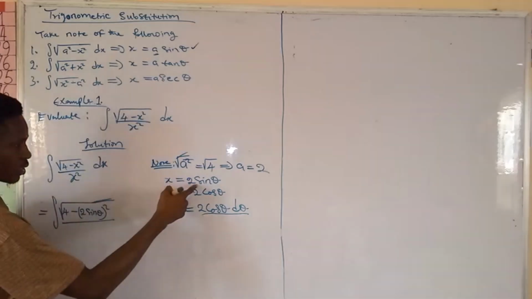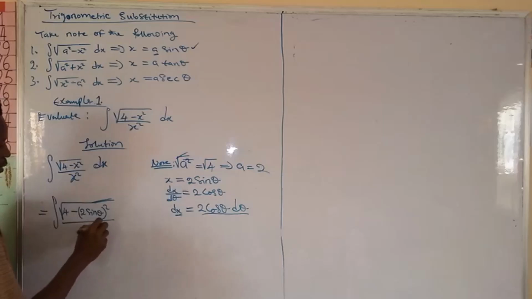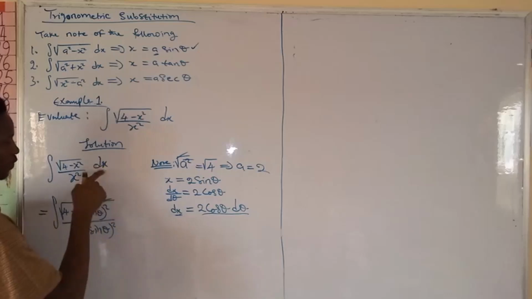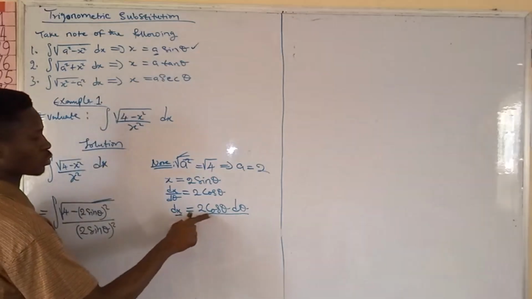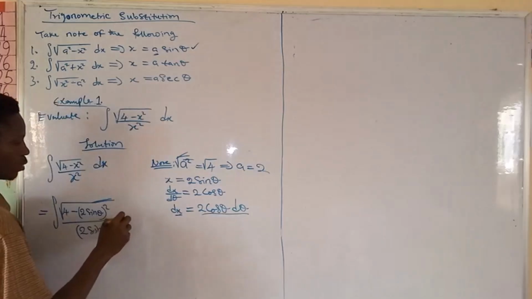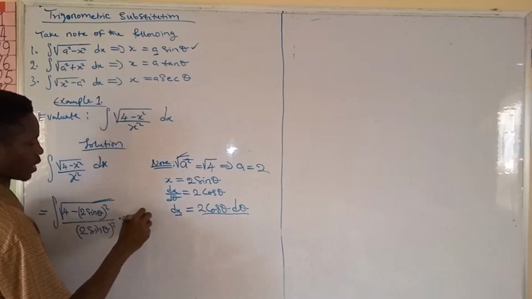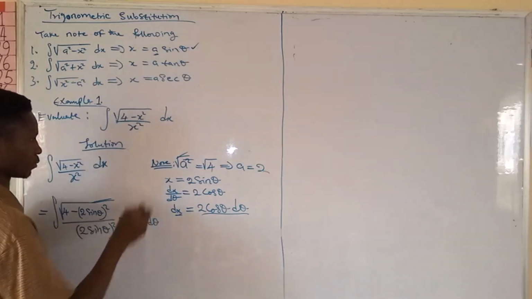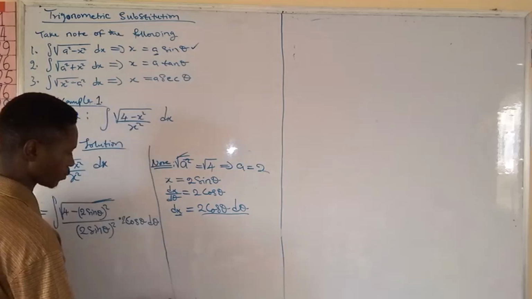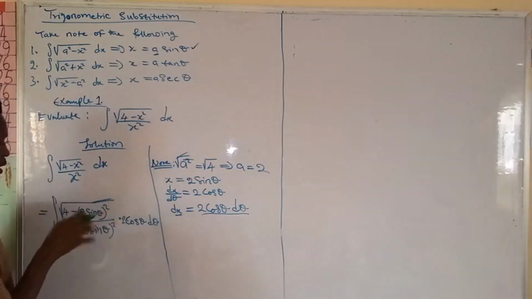Since this is x squared, we still replace with 2 sin theta, all squared. Instead of dx, we say that dx is 2 cos theta d theta. So this is dot 2 cos theta d theta. Okay? So we are done with our substitution now.